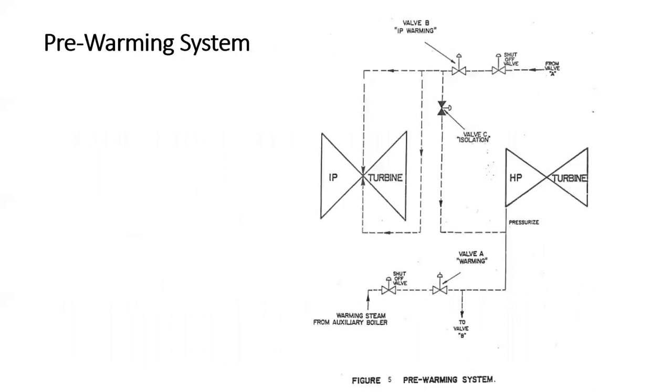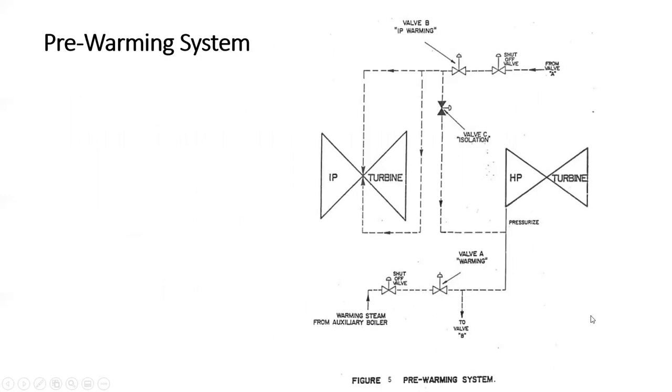And this is a little bit confusing. I've never really liked this, but basically down here at the bottom, we've got warming steam from some auxiliary source, and they've got a shut-off valve. We come down here, so this is warming valve A, and then we come over here.